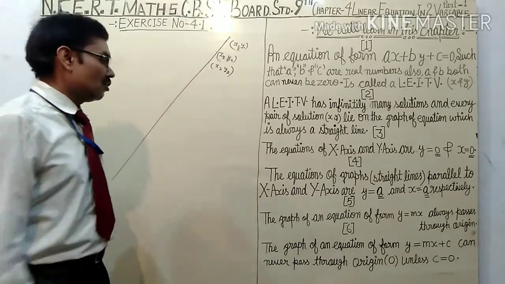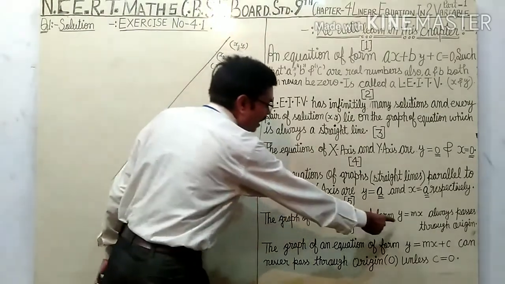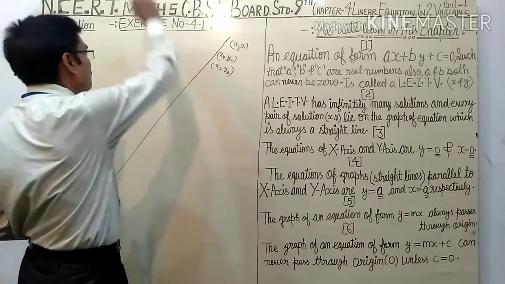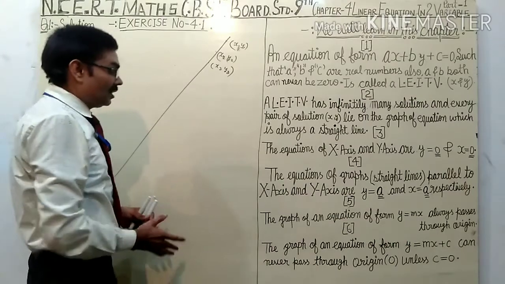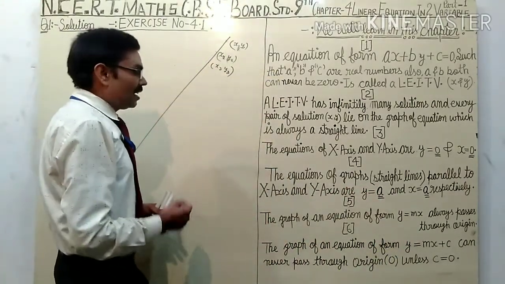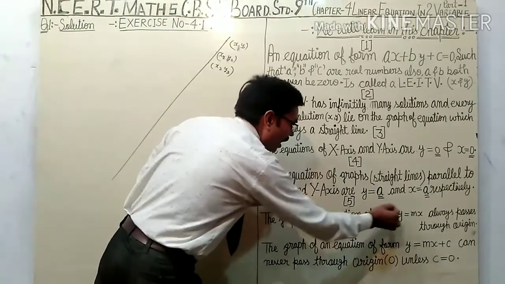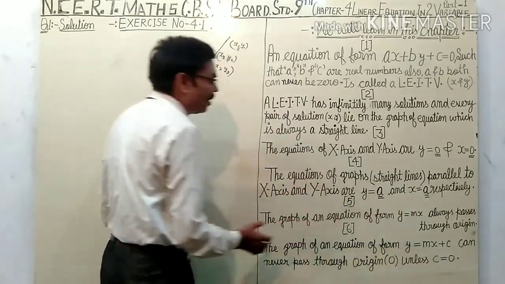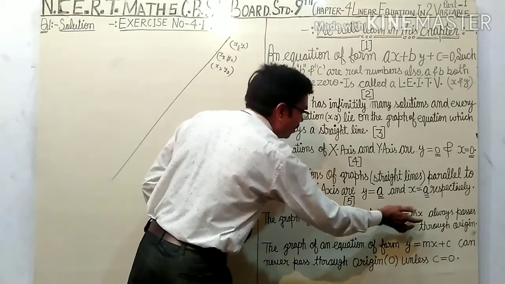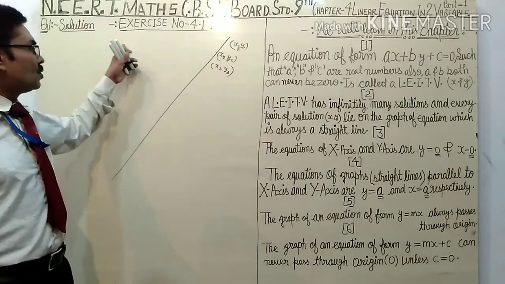So students, if the equation of a graph looks like y equals mx and you are asked through which certain point the graph of this equation will pass, then you can say, sir, if the form of a linear equation is y equals mx, the graph of this equation will pass through the origin. Understood?